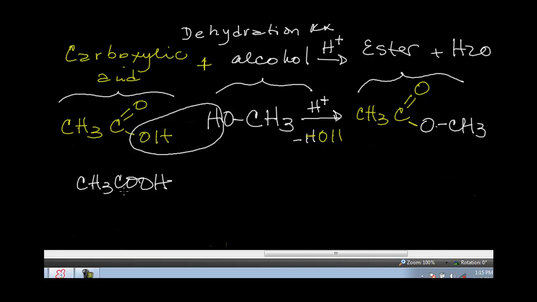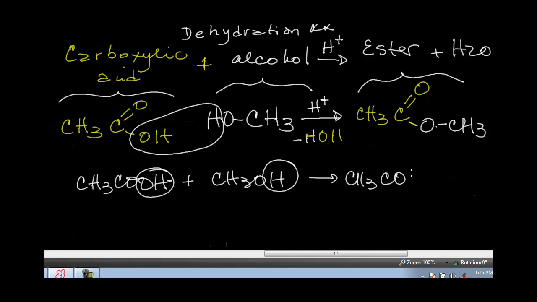COOH is all one big thing. And the alcohol, methanol, many times you put it like this. But you're still going to get the H on the OH, and you're still going to bond those 2 together. So you're going to get the CH3COOCH3. That's condensed as opposed to showing the bonds.